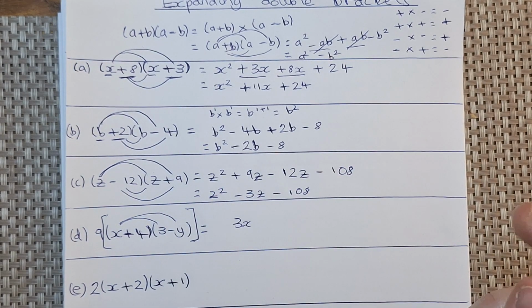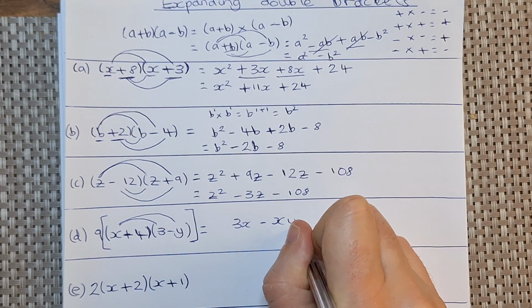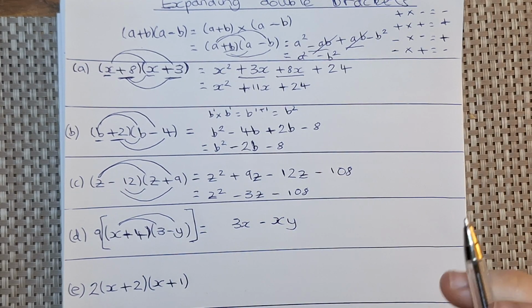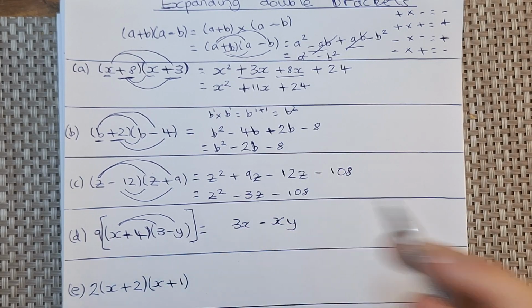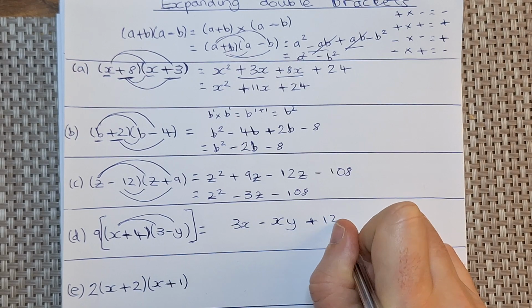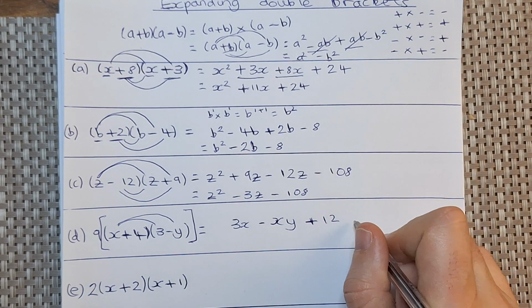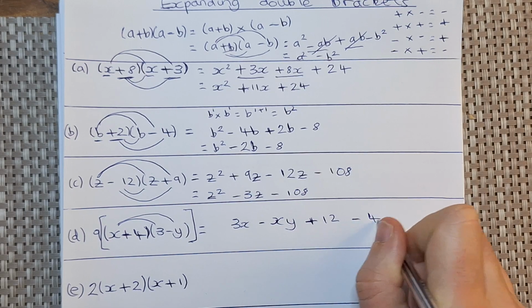And then x times minus y, which is minus xy. Then we have 4 times 3, which is positive 12. And then we have 4 times minus y, which is minus 4y.